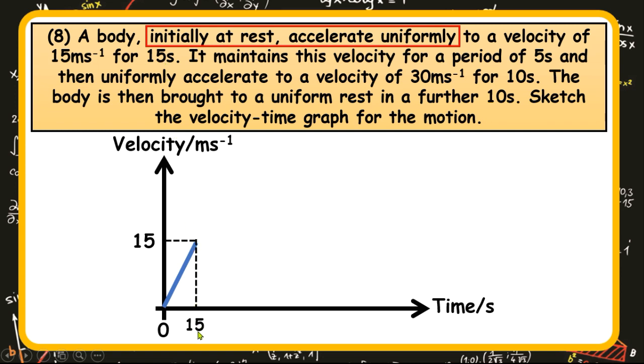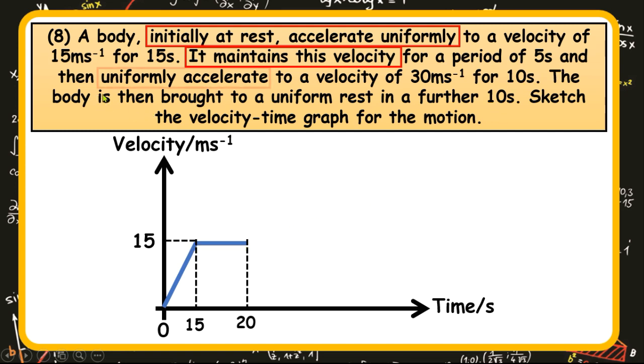So it comes down as 15 seconds. From where it ended, it maintains this velocity. Look at it. It maintains this velocity, which means constant velocity, for a period of 5 seconds. That means you add the 5 to the 15 to make 20 seconds for the uniform velocity.